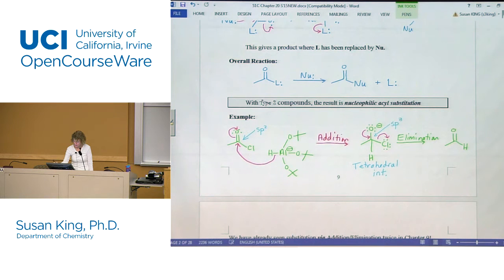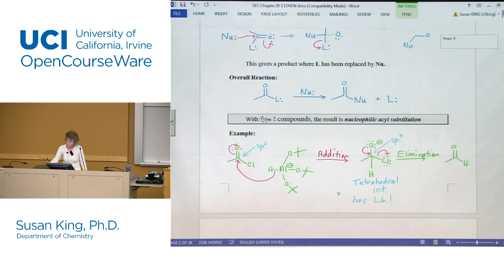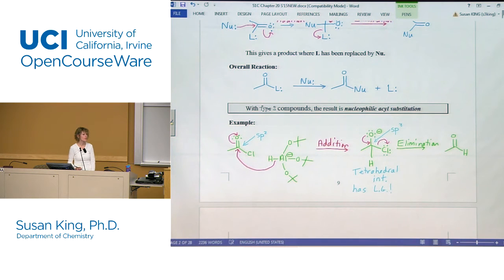So our intermediate has changed hybridization. It's now sp3, and so it's a tetrahedral carbon. And the tetrahedral intermediate has a leaving group, and the leaving group is going to leave. So we're going to be able to make predictions about what carbonyl compounds are going to do just by looking at the groups that are attached. Questions so far? Anybody?